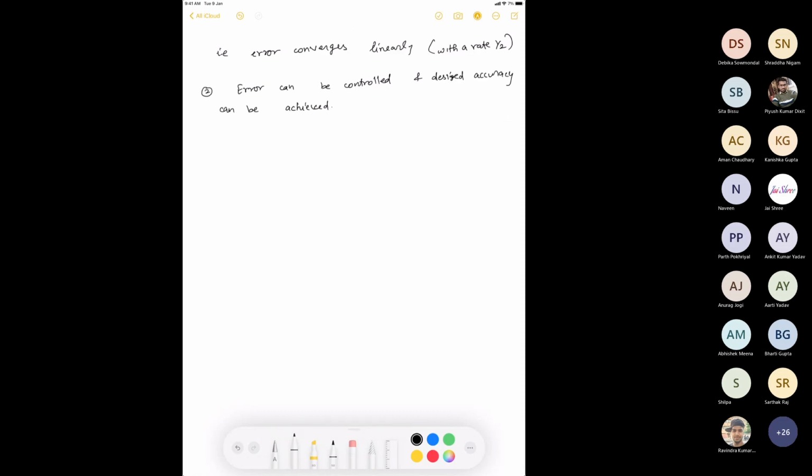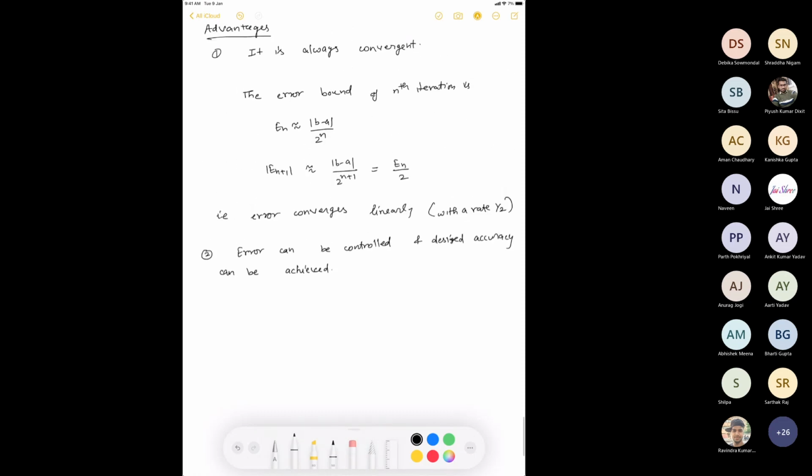Okay, but at the same time, when we derive this relation between how the error reduces from one iteration to another, we could realize that this is reducing with only a linear rate. That is, if you have some certain error at one iteration, when you go to the next iteration, it is just going to get halved.